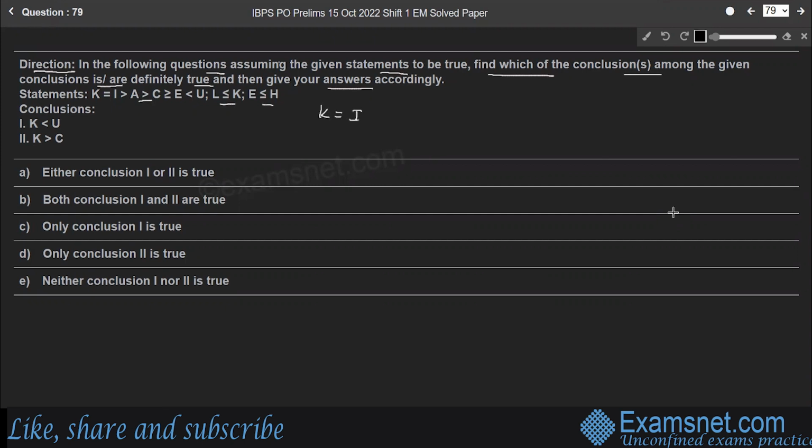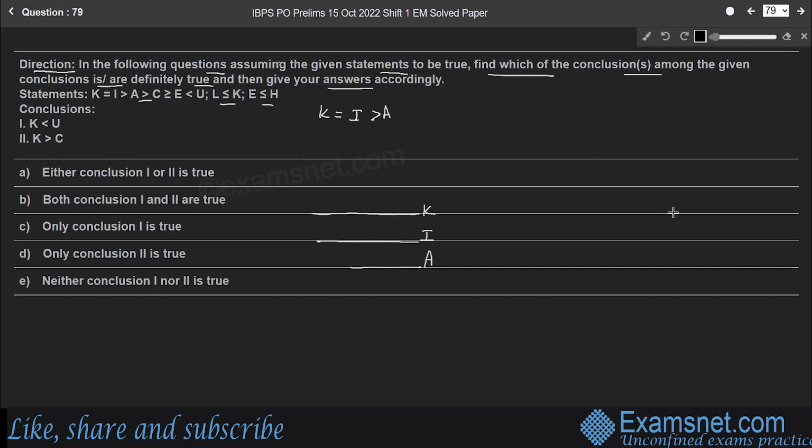So consider a line K is equal to I. And I is greater than A. So I is greater than A, right?